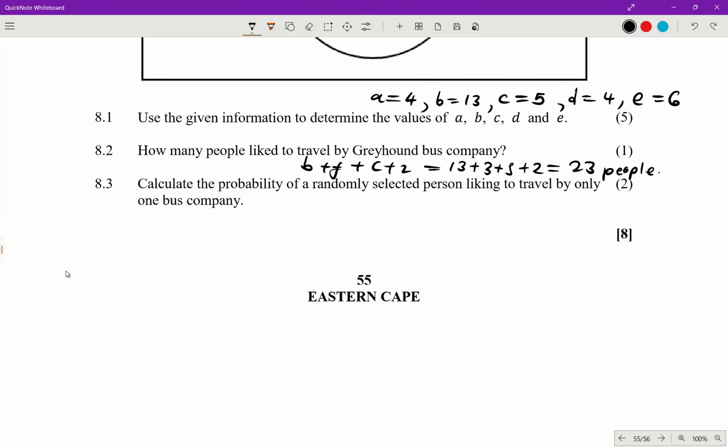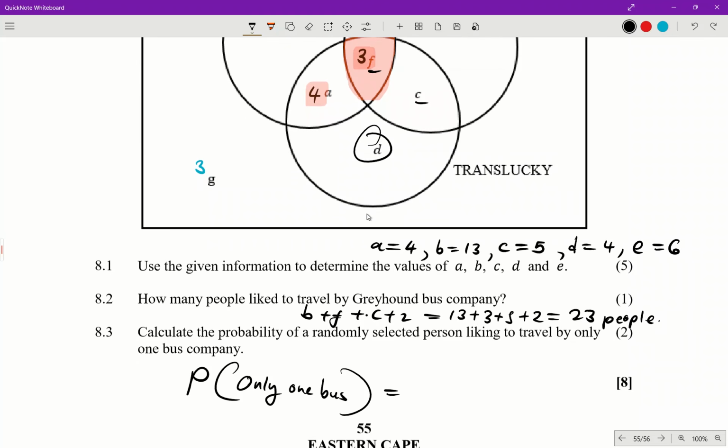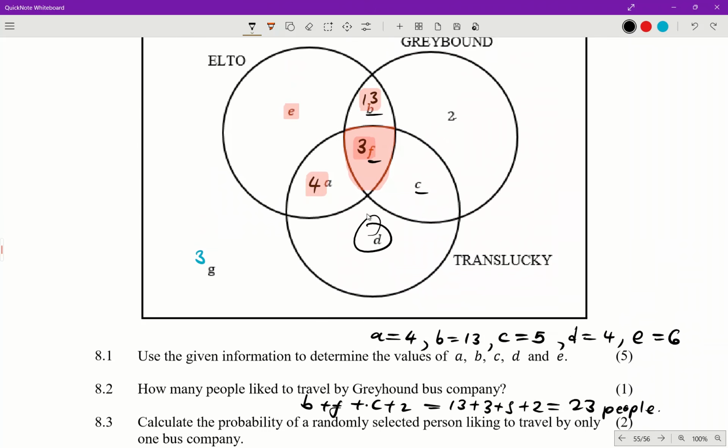So I'm just going to say probability of only one bus.